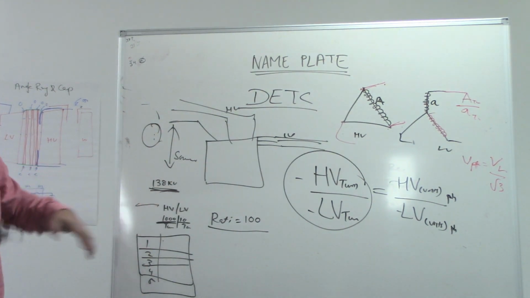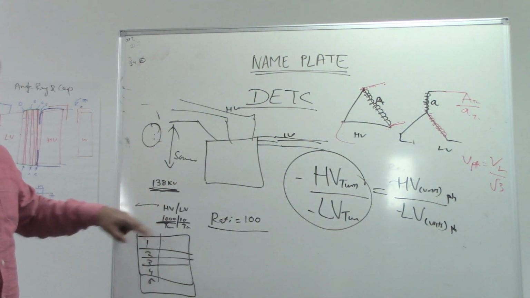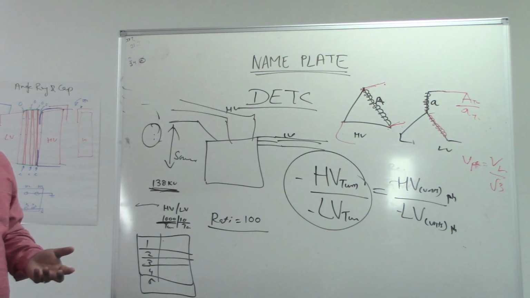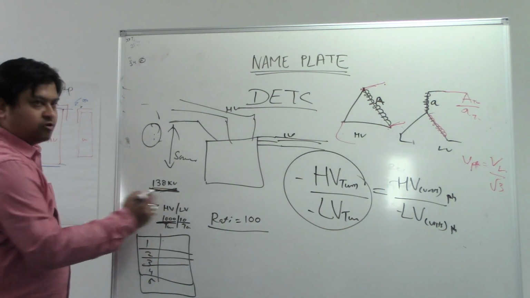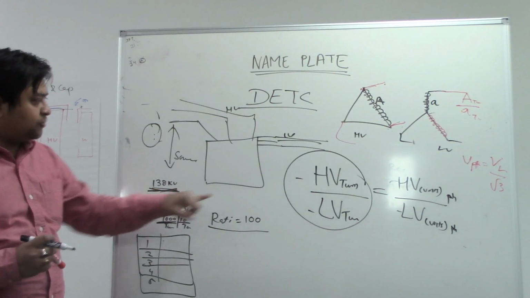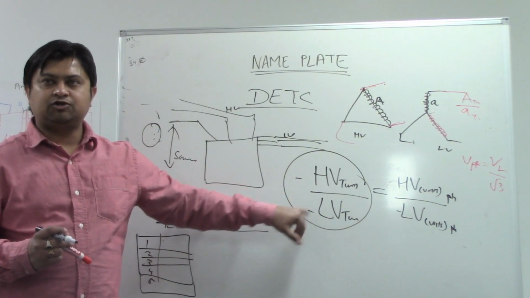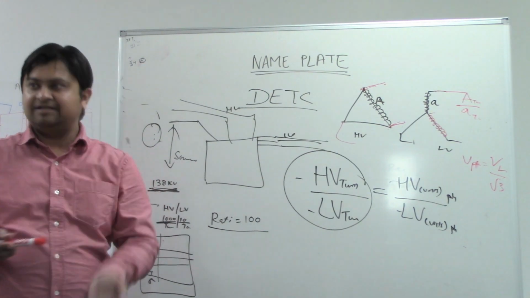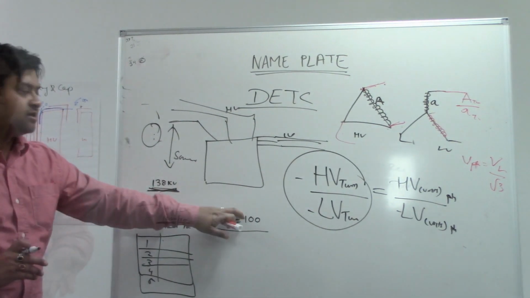In order to vary the voltage, you need to vary the turns, right? If you want to change this voltage, plus or minus, we see that this depends upon the number of turns, right? So you really have to physically vary the number of turns. How do we do it?